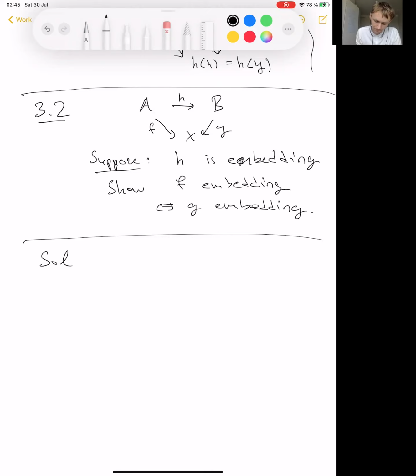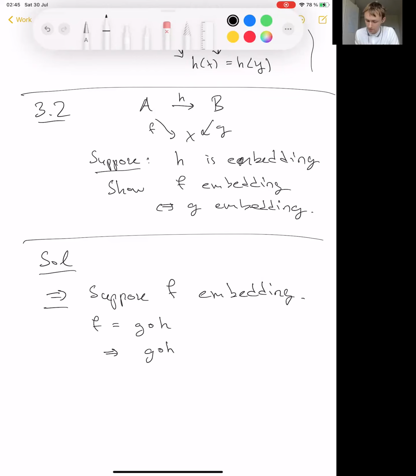So solution. First, let's do this direction. Suppose F is an embedding. Well, we have that F is equal to G composed with H. So this implies that G composed with H is an embedding.